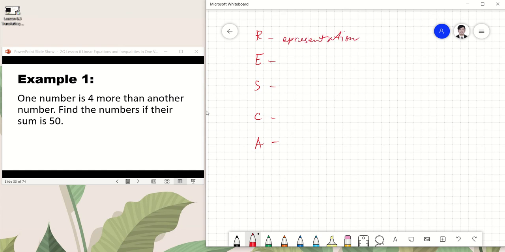So you should represent the missing numbers using one variable only. Because for now, that's your capability as of the moment. So dapat isang variable lang yung gagamitin. And then we'll be able to represent everything based from that one variable. And finally, you come up with the equation afterwards.